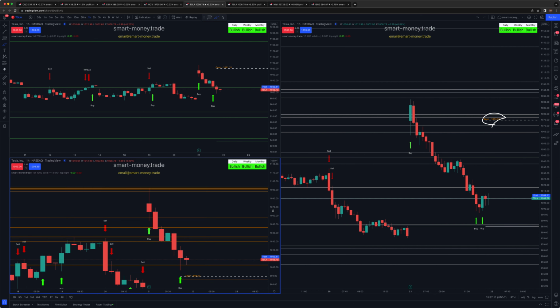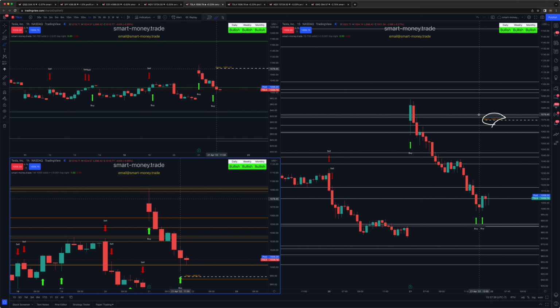So think about this: a stock that is opening 10% up, so almost $100 or $110 up. And the very first print in the morning you see is at 1074. It cannot even beat the 1076 line, or it's not even able to open above the 1076 line.